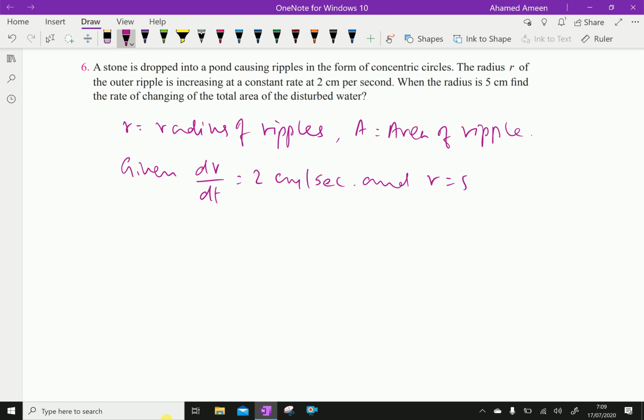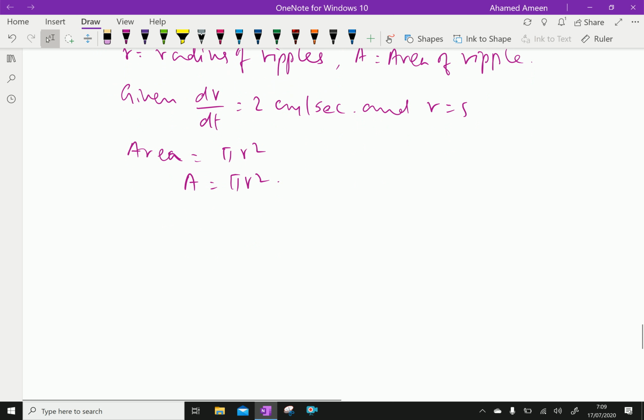We know that the area of the circle equals pi r squared, therefore area A equals pi r square. Now differentiating with respect to r, we get dA by dr equals 2 pi r, because r squared comes to r.